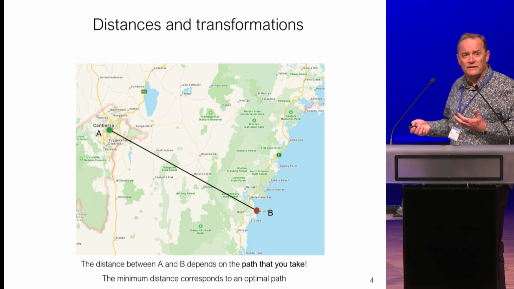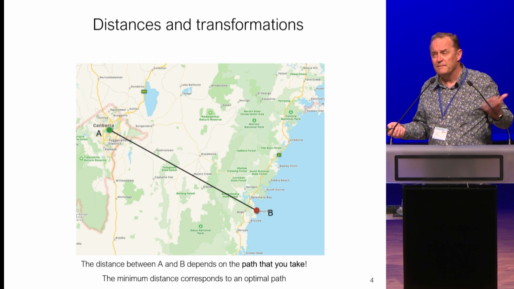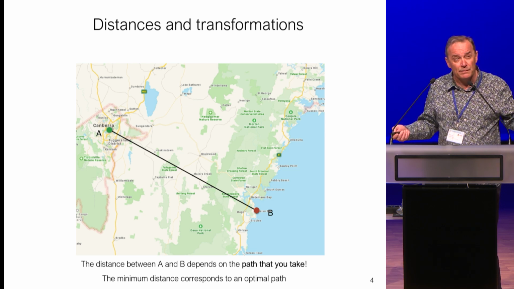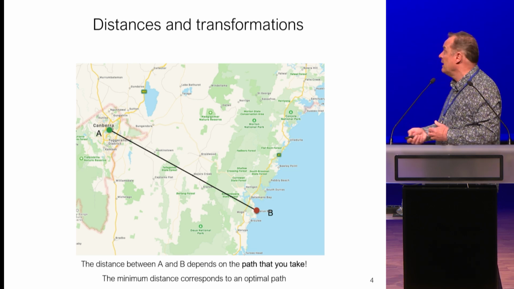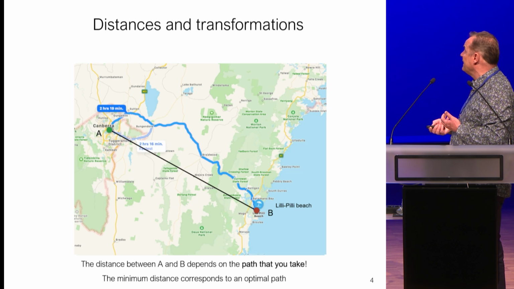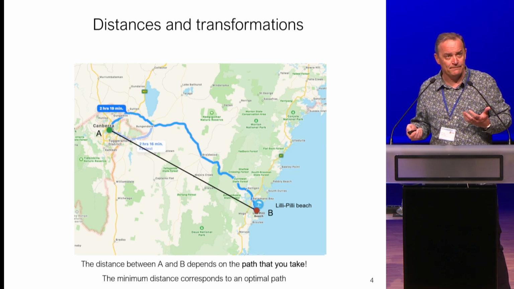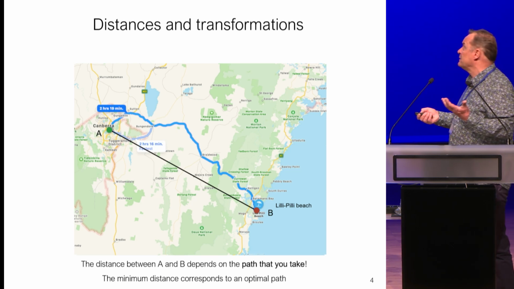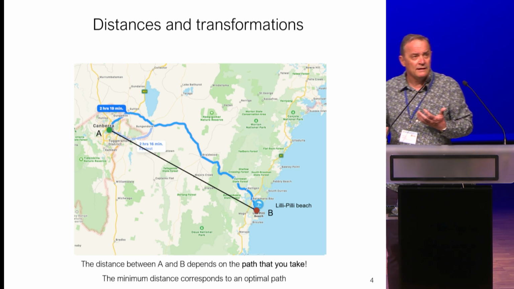If those two points that we want to move between, we want to transform ourselves from A to B, that's not the path I take when I go to my favourite beach in Southeast Australia, which is Lilly-Pilly. That's the path we take. So the distance between A and B, for me, to drive there, is the blue path. As the crow flies, it will be the black line, of course.